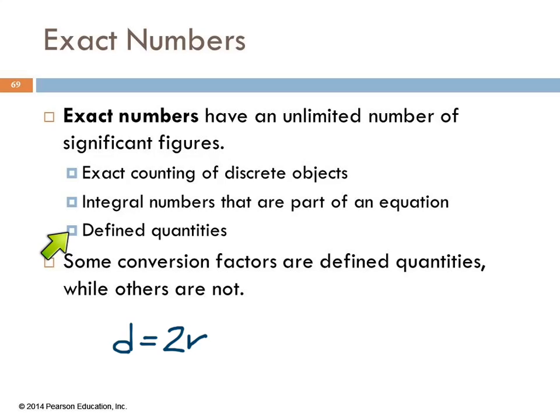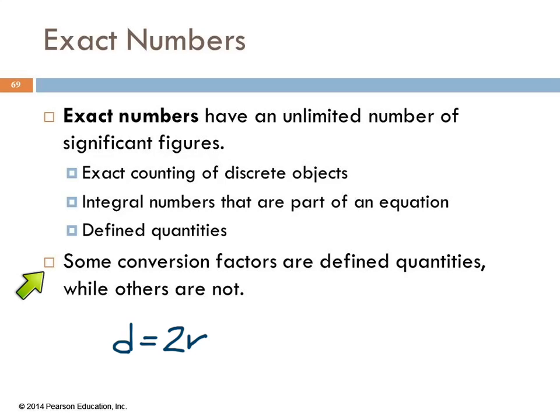Defined quantities. Some things are defined. A foot is defined as 12 inches. That is an exact number. Anytime you're dealing with units within one system of measurement, within the metric system or within the English system, those numbers are exact.